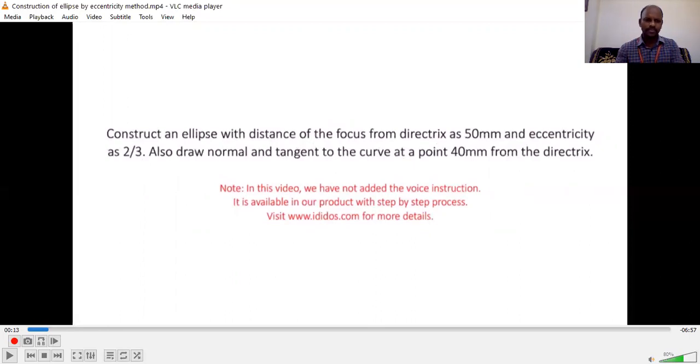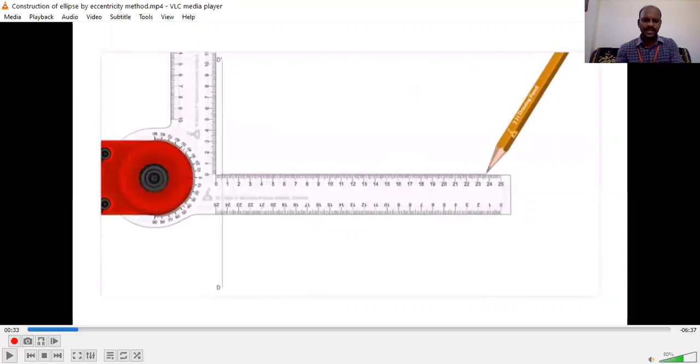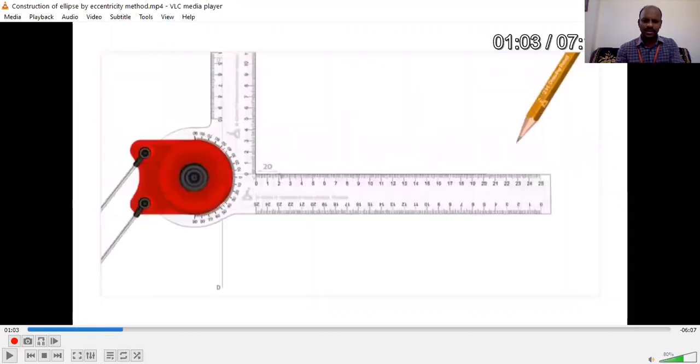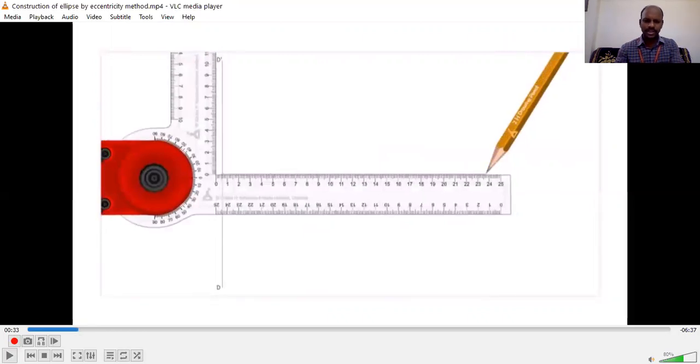While drawing this sketch, I will explain all these terms and terminologies, so that you are able to answer any kind of such problems. Now, I have drawn initially this plain drawing sheet. I have taken one vertical line, I call it DD dash.